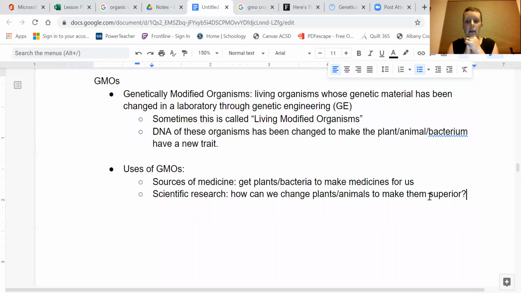I mean, you can make certain plants or animals glow in the dark by putting a gene into them. Similar process to what I just showed you with the insulin, but putting a gene into them that comes from like a glowworm, okay? So you can make things glow that normally wouldn't glow. Now, why you'd want to do that, I don't know, but make them superior. If you want to make them superior in some way, a plant or an animal, you can do scientific research on that using genetic modification or genetic engineering.